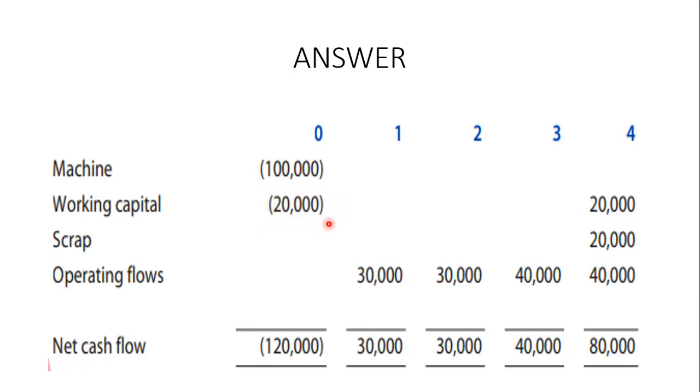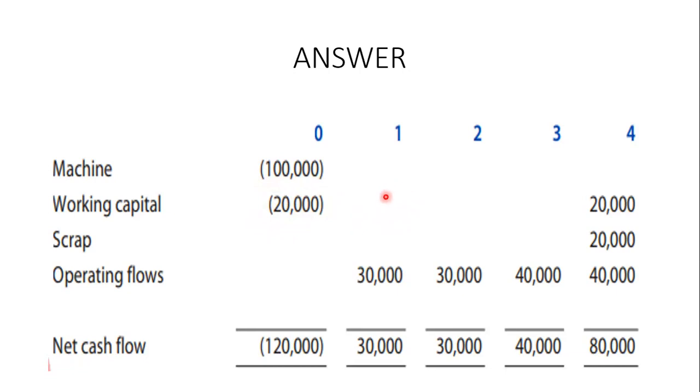Now remember that as the years go by, it may be necessary to either increase or decrease working capital requirements. So if you needed to increase working capital in, say, year 1, assuming that you started with 20,000, and then in year 1, you require 25,000 Ghana cedis.